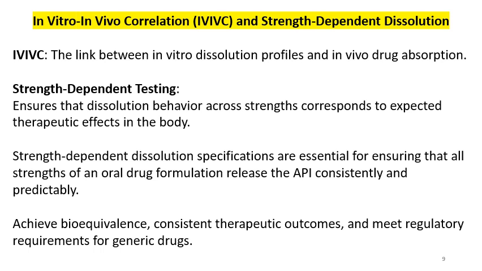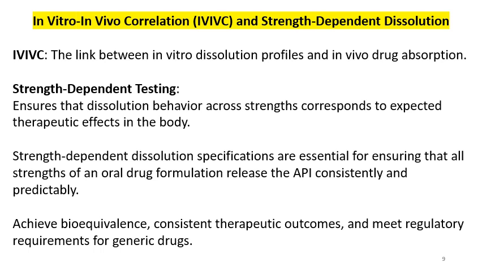Coming to the IVIVC. IVIVC is a link between the in vitro dissolution profiles and the in vivo drug absorption. Strength dependent testing ensures that the dissolution rate or dissolution behavior across the strengths corresponds to expected therapeutic effects in the body.